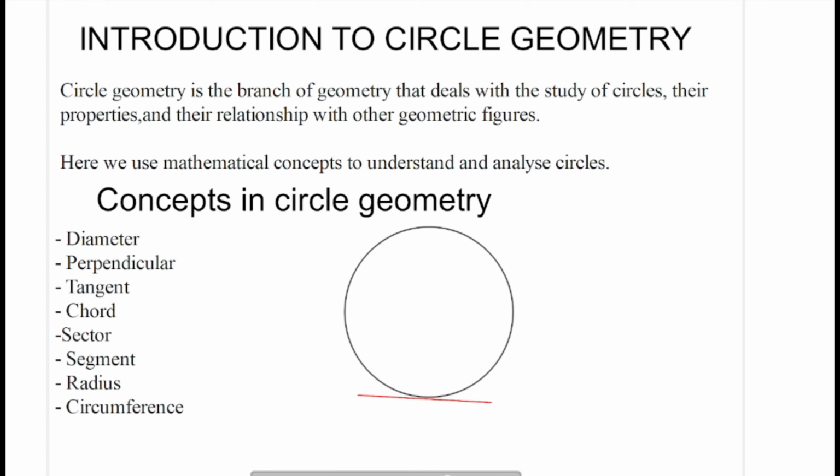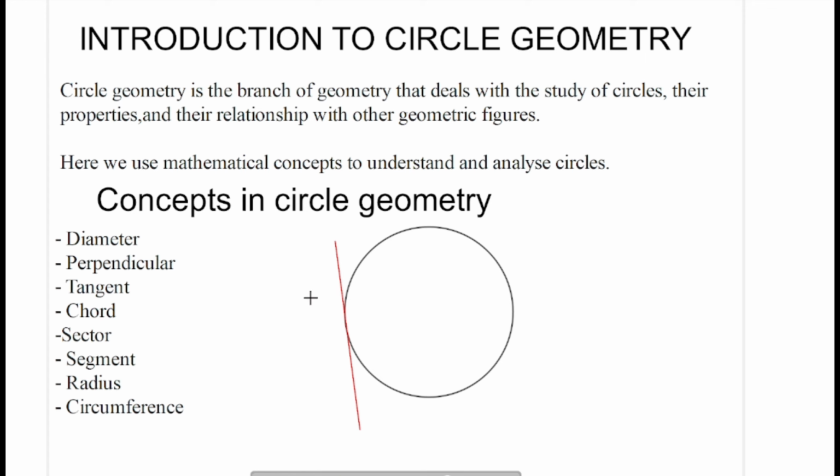It is a line that meets a circle at the outer part, like the tangent meets the circle at the circumference. So whenever a line meets a curve like this, it's called a tangent.